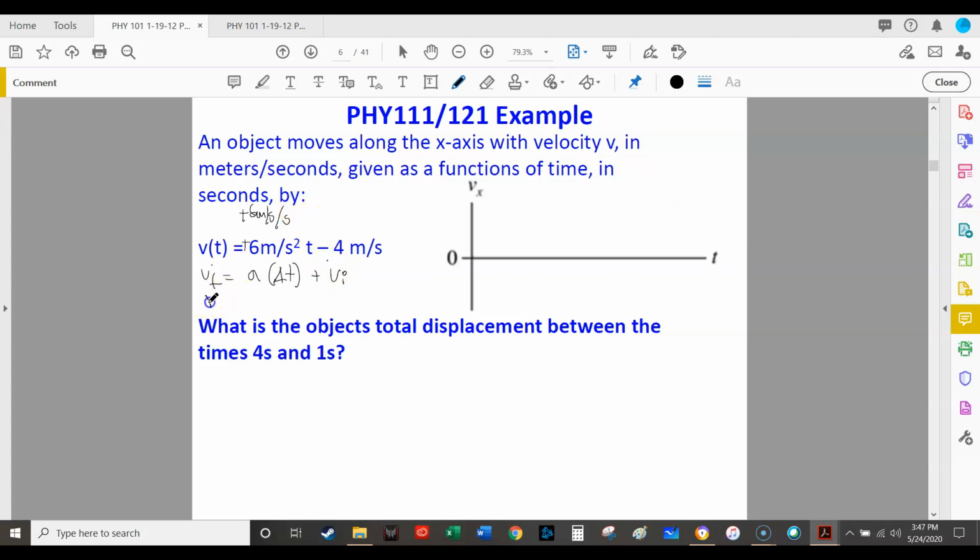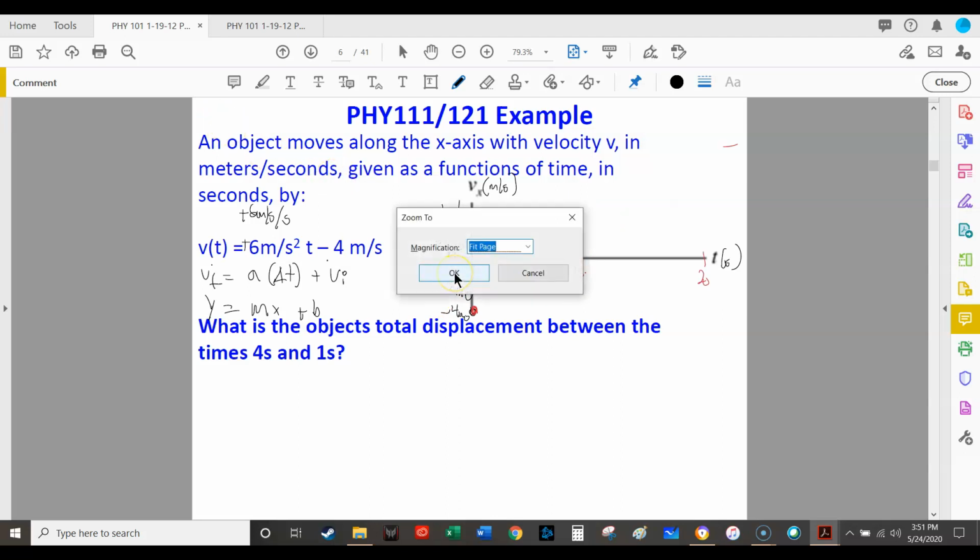In other words, we're doing y is equal to mx plus b, right? Well, this is just a linear fit. At time 0 seconds, it's going to have a -4 meters per second. Maybe what I should do is actually think about this for a second a little bit more.